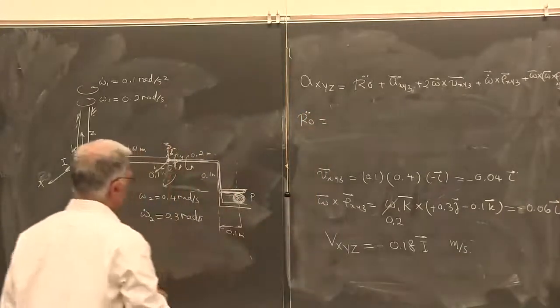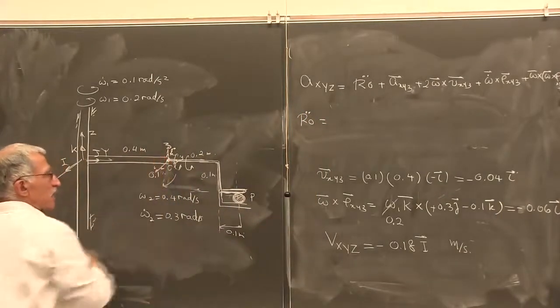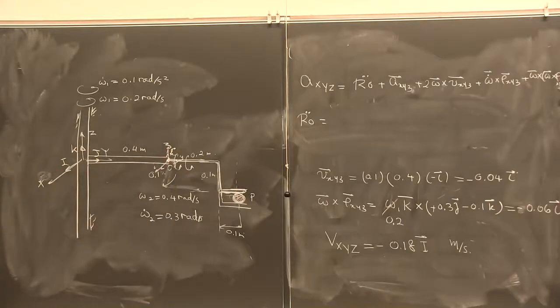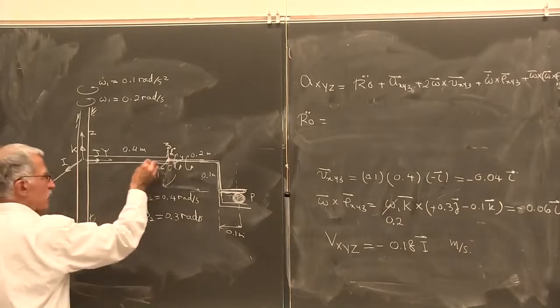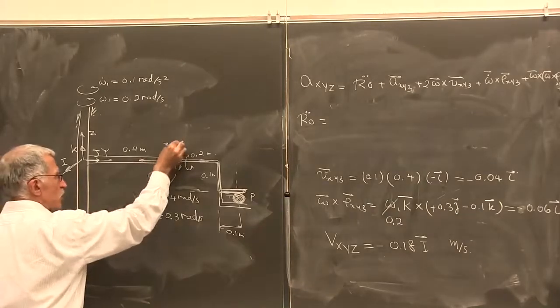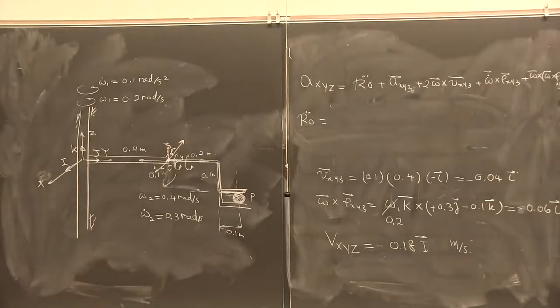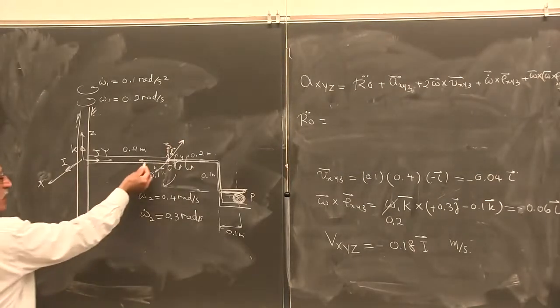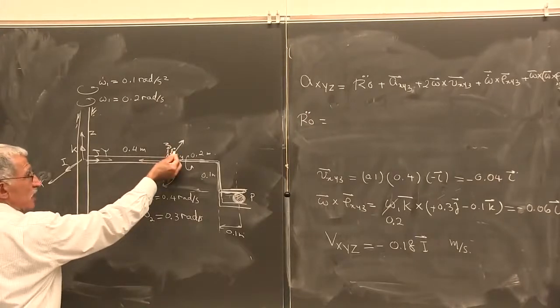is simply the acceleration of this point, and this point has two accelerations. One is a normal acceleration, one is tangential acceleration. Your normal acceleration is going to be in this direction, your tangential acceleration would be in this direction. This acceleration is r theta dot square, and this is r theta double dot.